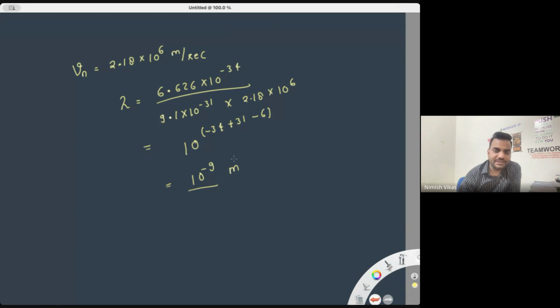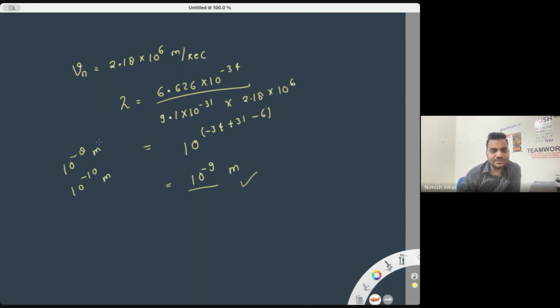It is significant for the electron if its wavelength is 10 to the power -9 meter, because the electron itself is quite small. The whole atom is very small, and the whole atom size is 10 to the power -8 to 10 to the power -10 meter.